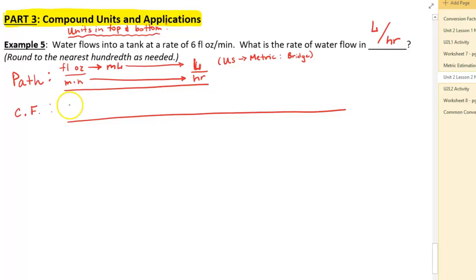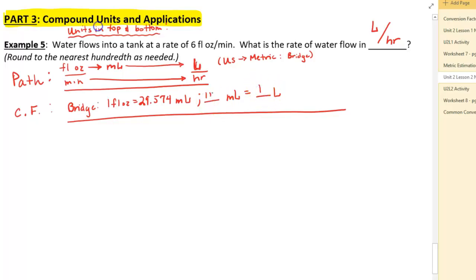So our bridge conversion factor, remember that we picked, was 1 fluid ounce is equal to 29.574 milliliters. We also need to go from milliliters to liters. Liters are bigger.